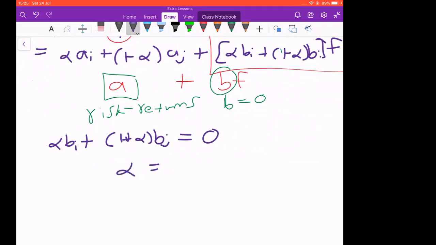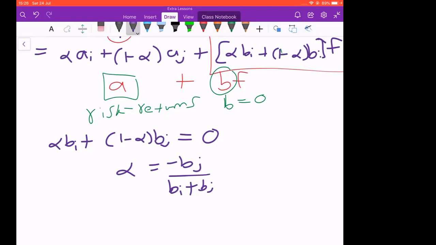It's going to be equal to BJ over BI plus BJ. Is it going to be like this? No, this one's going to be negative because it's going to go to the other side. Made a mistake. It's going to be 1 minus.